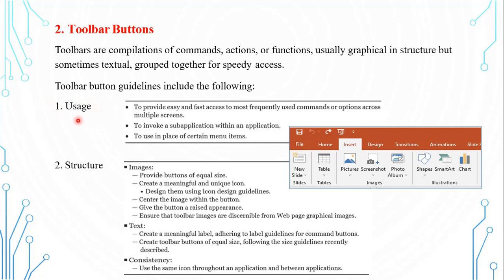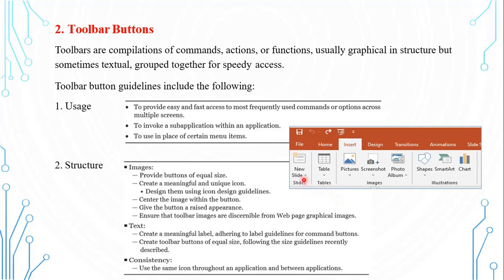Let us understand the usage of the toolbar button. It provides easy and fast access to the most frequently used commands or options across multiple screens. The most frequently used commands are placed in the toolbar. For example, you may frequently create new slides in PPT, create a table, or insert a picture.